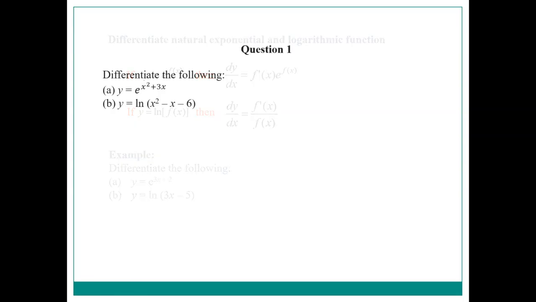If you do not have any question, let's continue with question 1. Differentiate the following. Question A. Again, I want to differentiate a natural exponential function. This is my power, this is my f(x), so I need to differentiate this one and put it in front.